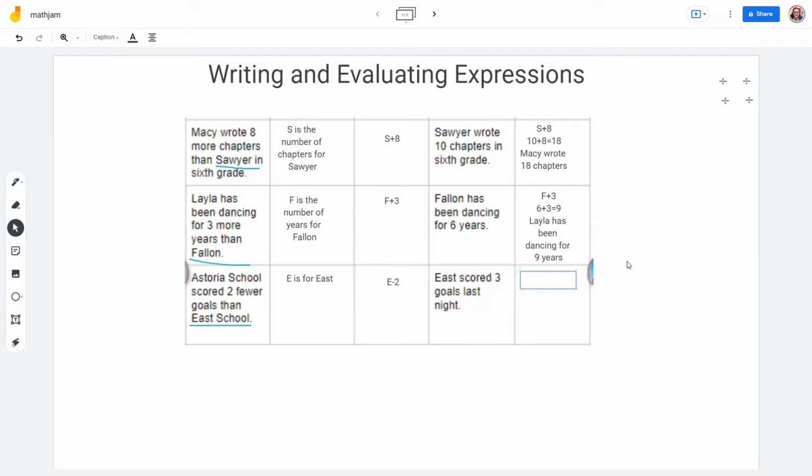So we start with our problem: E minus 2. Now we find out that East actually scored 3, so we can replace that E with a 3. So 3 minus 2, and of course 3 minus 2 equals 1. So we could say that Astoria scored 1.